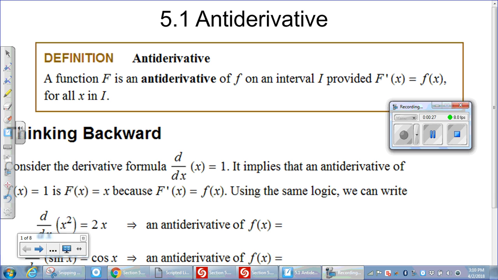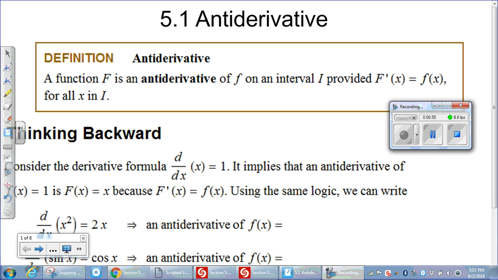So you probably know, let's say from English, you have the protagonist and then you have the antagonist, right? The antagonist is like the negative character. So if we use the prefix anti, we're doing the opposite of the derivative.